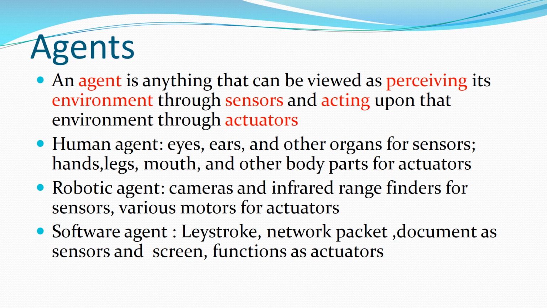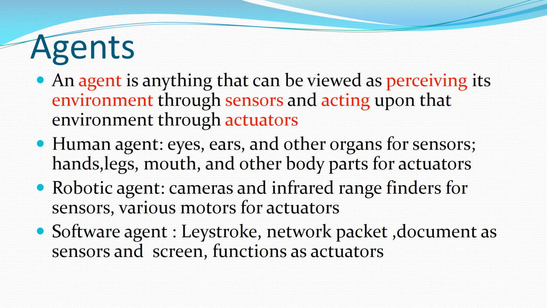Next, we'll see an example of a robotic agent. A robotic agent has cameras and infrared range finders as sensors. Using the camera, it can perceive what is moving or what is going on in the environment. Infrared range finders will find out how far an object is from the robot.